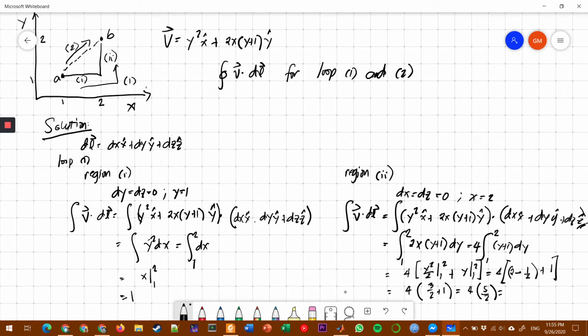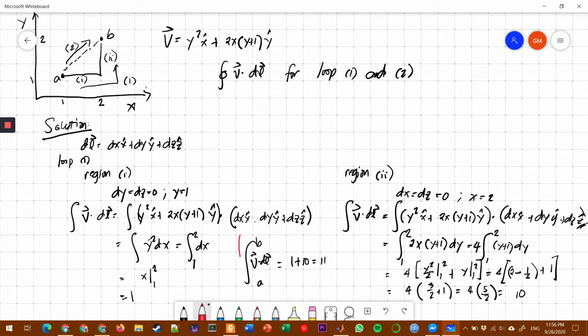This will just give me 10, right? So 10 ang imuhang value sa region 2. Now the total integral, the value of the line integral B dot dl from A to B is just 1 sa region 1 to region 1, and then our region 2 is 10, so that's actually 11.